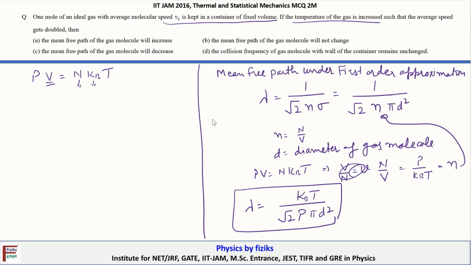So what is the relationship between P and T? For fixed volume, pressure is directly proportional to T. So when the temperature is increased, the pressure will increase in the same proportion. So in the given condition, the mean free path lambda will not change.